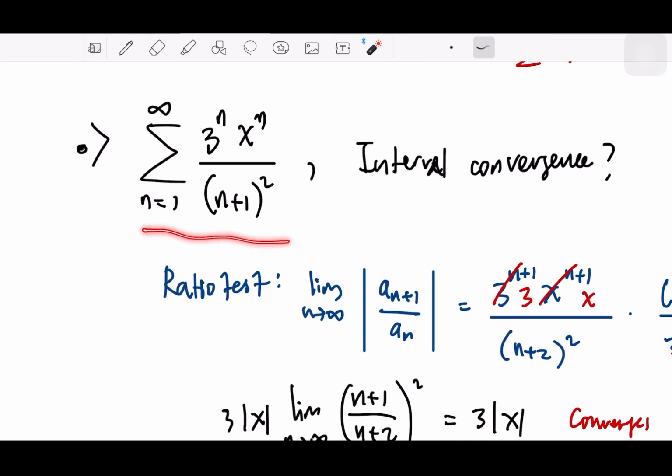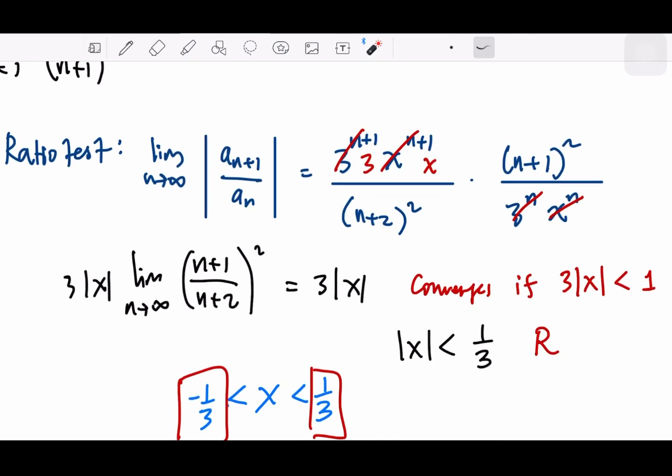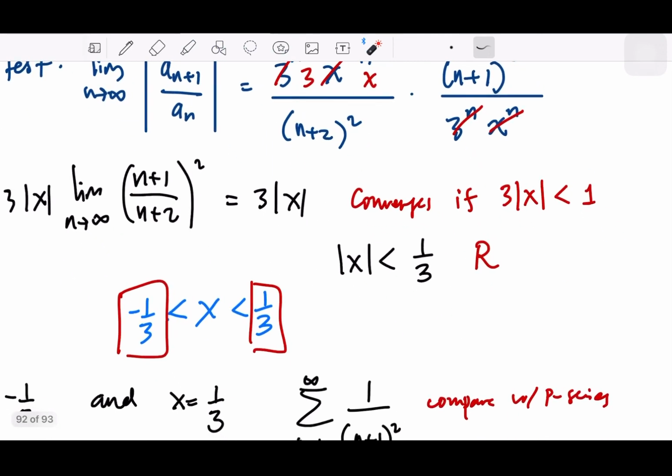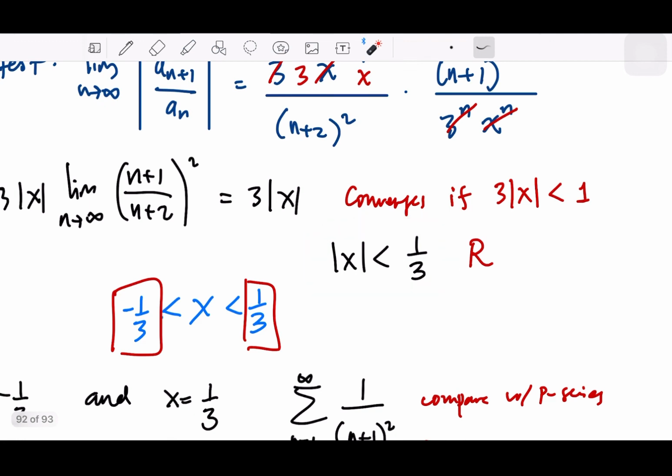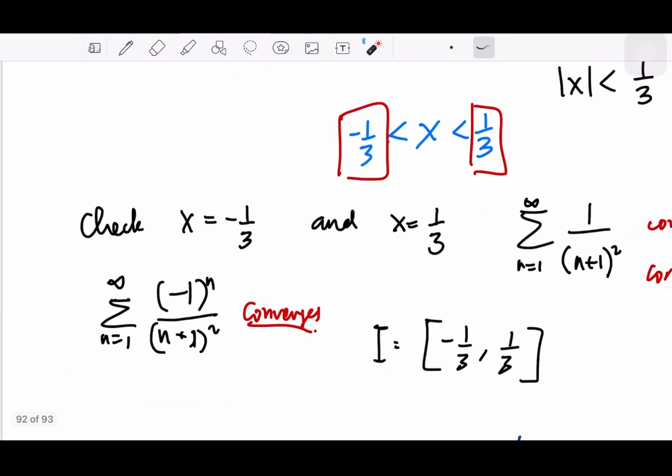Okay, now this next one is a power series. You see that it has x with a power of n. It can have many variations; it depends on the questions. But if it is asking for the interval of convergence, first try the ratio test, and check whether it has convergence in several intervals. After we get our ratio test, we know that our radius should be less than 1/3, which means our interval is between -1/3 and 1/3. Check the endpoints one by one.